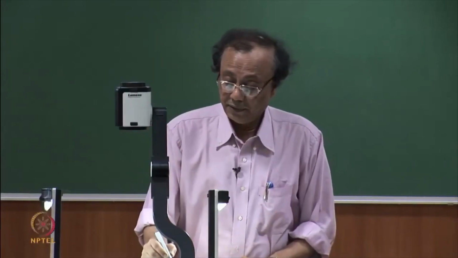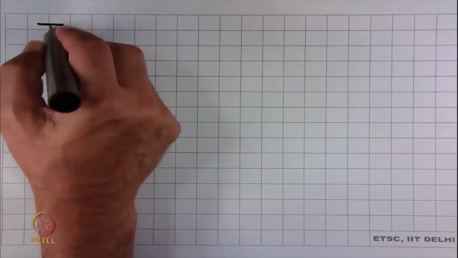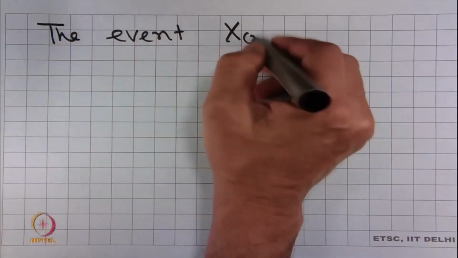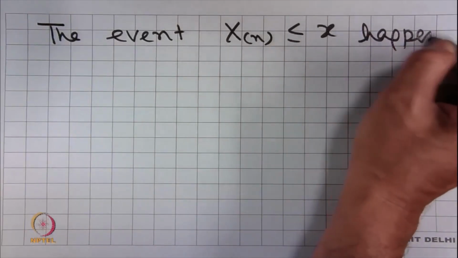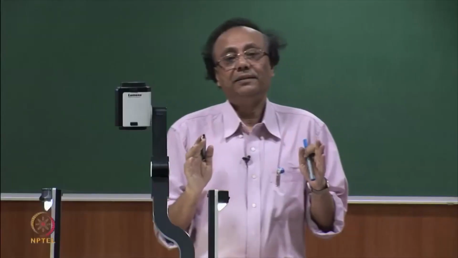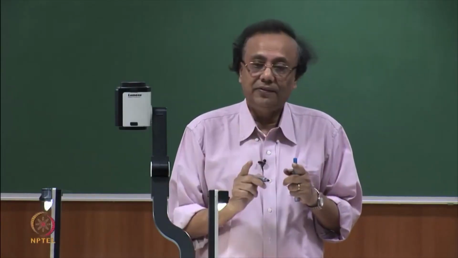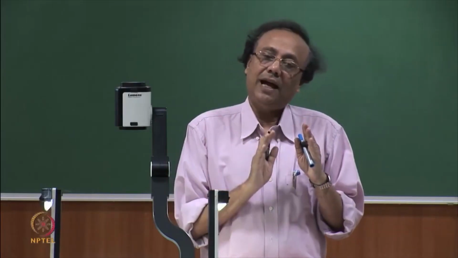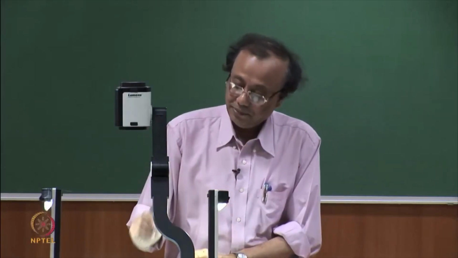We know that the event Xn less than or equal to x happens when the maximum is less than or equal to x. That means that all the n samples are actually less than or equal to x, right.